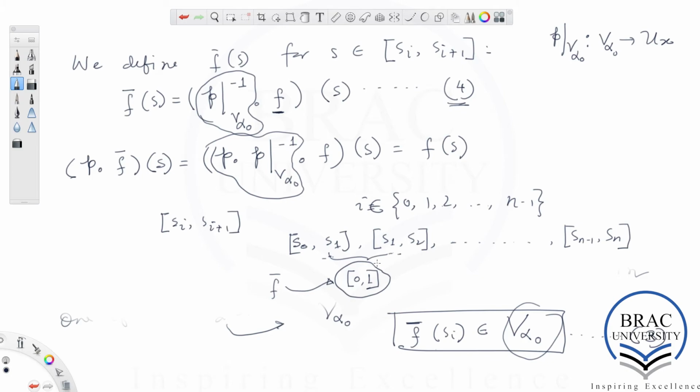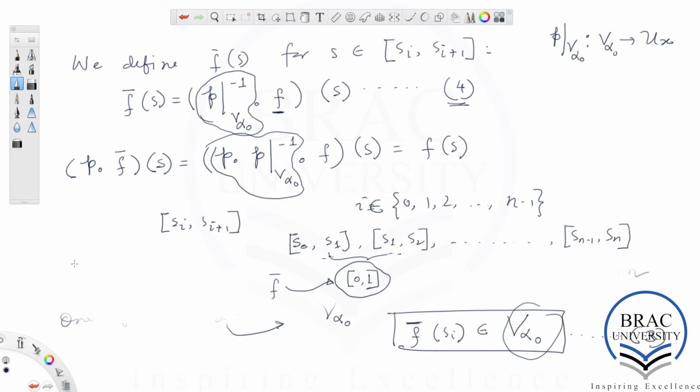Okay, so this is how we show the existence of a lift on [0, 1]. Now we need to show that this inductive construction actually yields a unique lift.